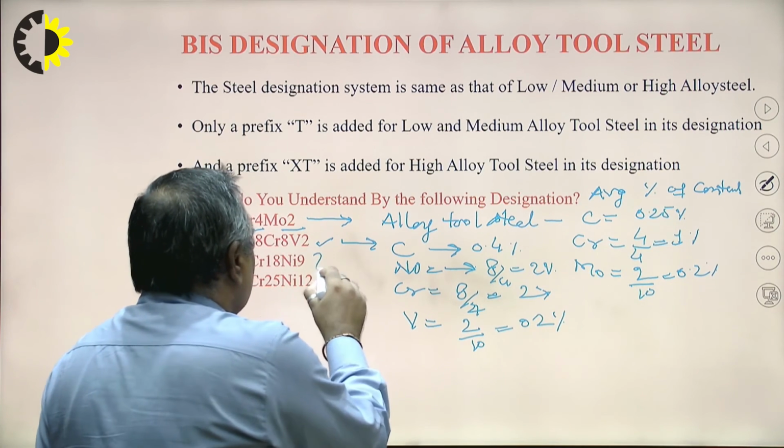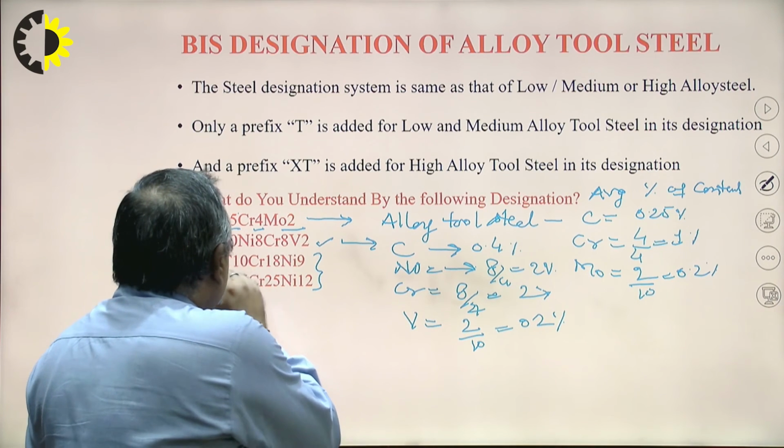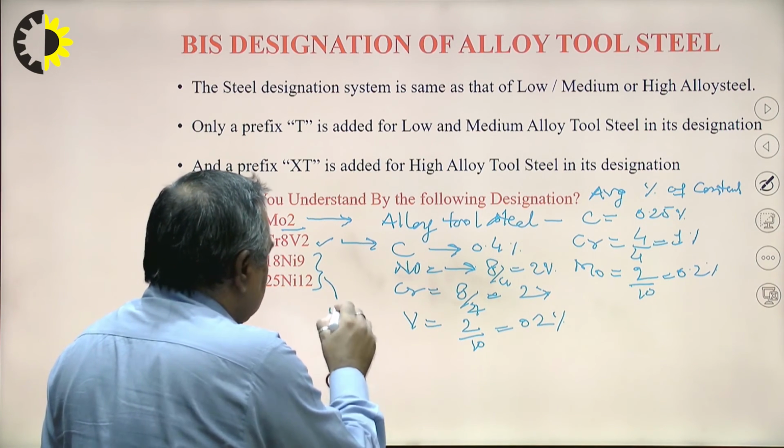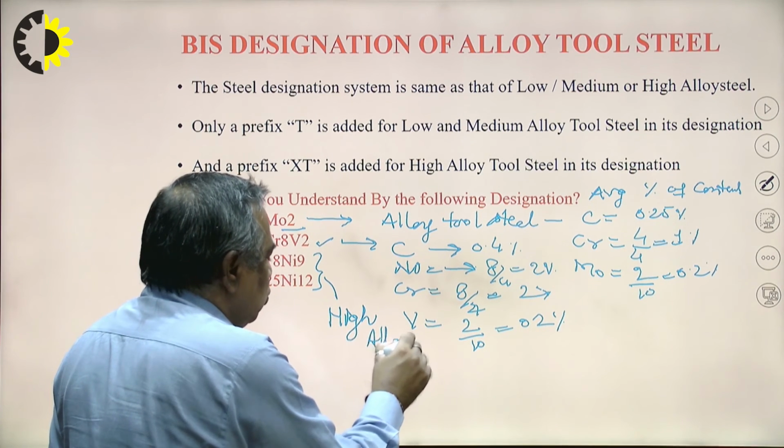Now if we refer to these two, this XT gives the indication that it is high alloy steel. These are high alloy tool steel.